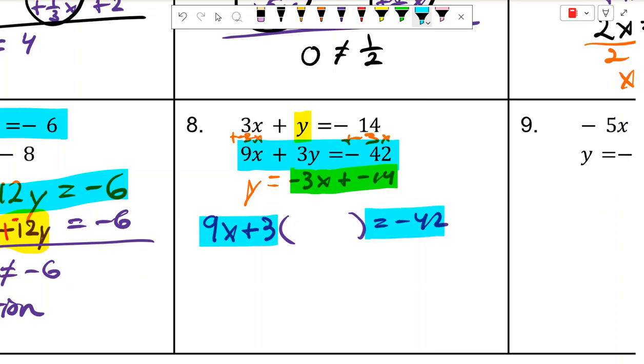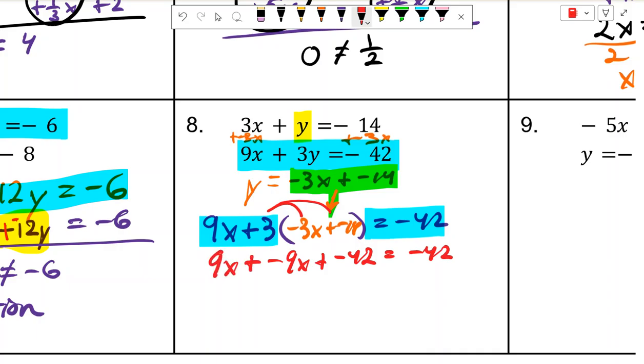And I left my y open to substitute in my y, which is negative 3x plus negative 14. So I'll distribute now and get negative 9x plus negative 42 is equal to negative 42, and then I'll bring down this 9x plus.